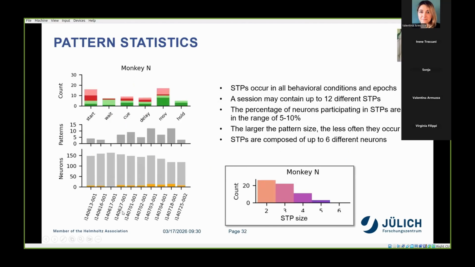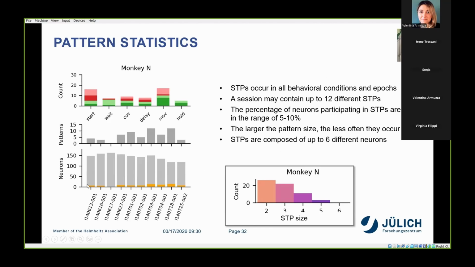And here you see, across different recording sessions, each recording session was 15 minutes, when the patterns occur during the different periods in the different behavioral contexts, the number of patterns which occurred in total, and how many neurons are involved in total in these patterns.